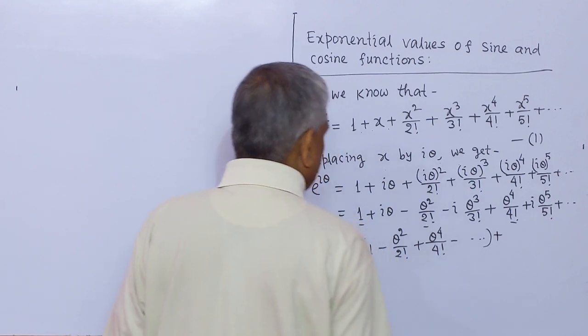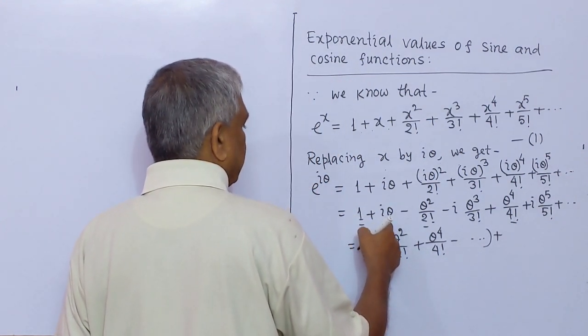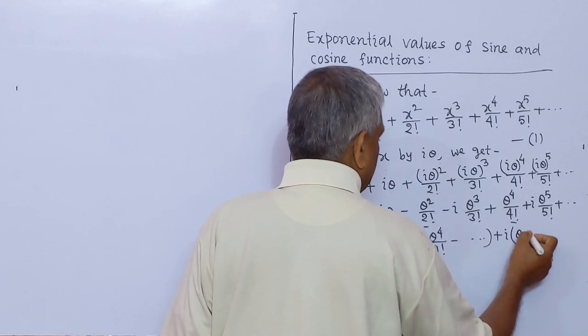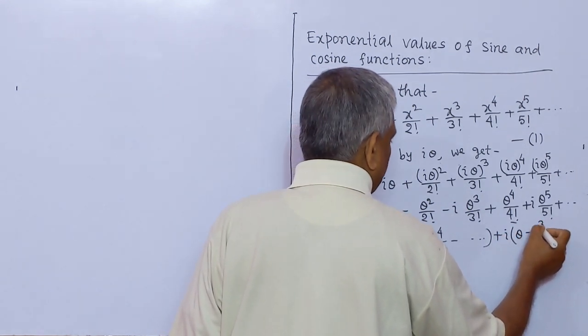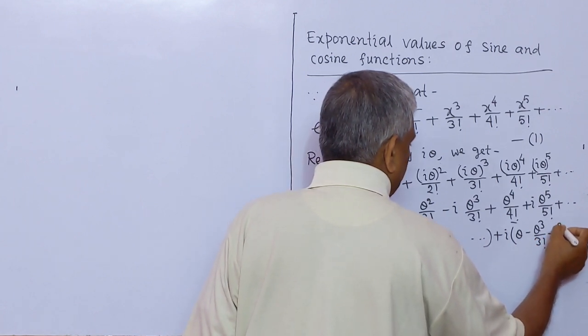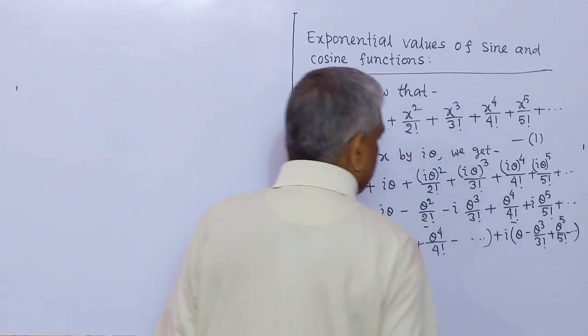Then we take quantities with I. We take common I. Remains theta minus theta cube by factorial 3 plus theta to the power 5 by factorial 5 minus dot dot dot.